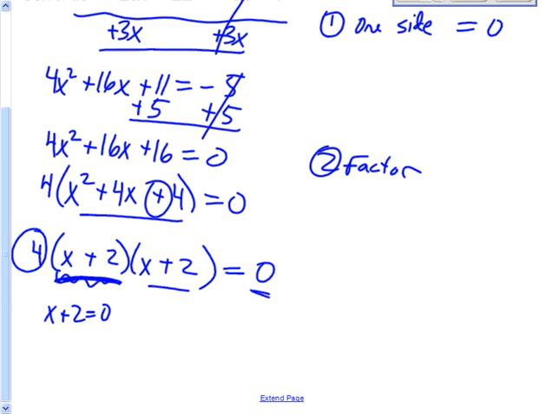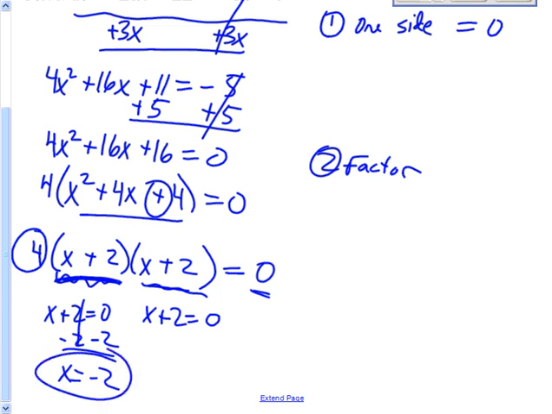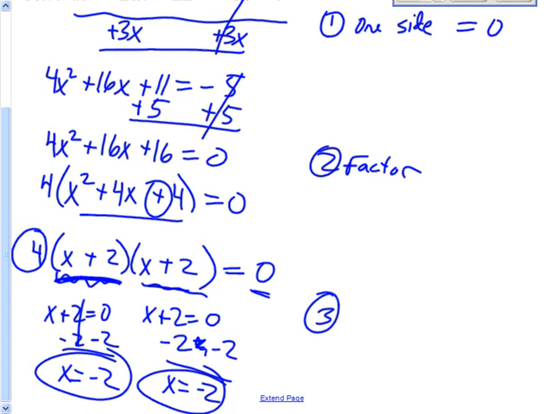So x plus 2 could be 0, or, and I have another one over here, x plus 2 equals 0. And then I solve each of those. X equals negative 2. And in this case, you got the same thing, don't you? Subtract 2 from both sides here. X equals negative 2. So it's just x equals negative 2 in this case. So we use the zero product property.